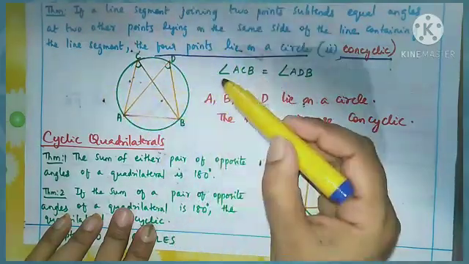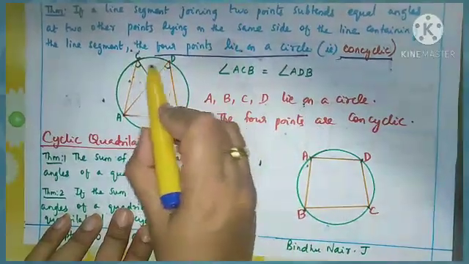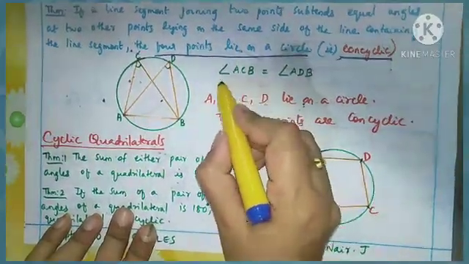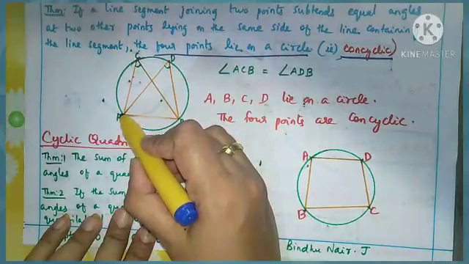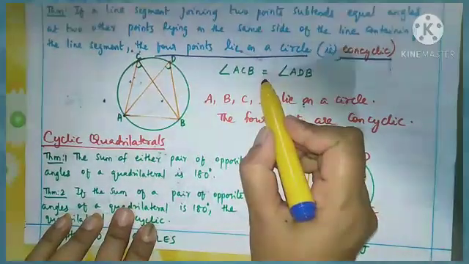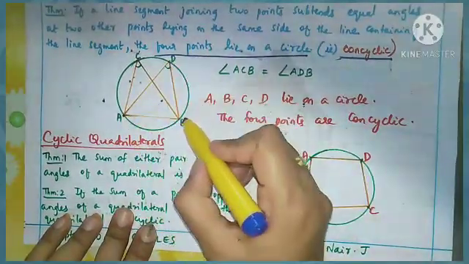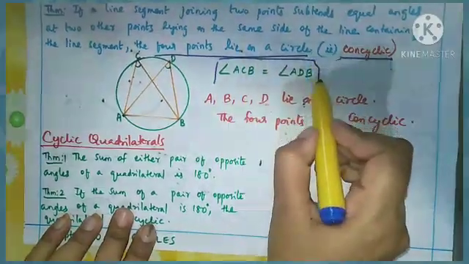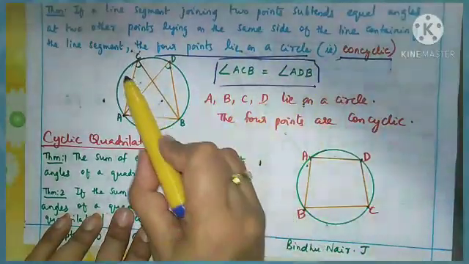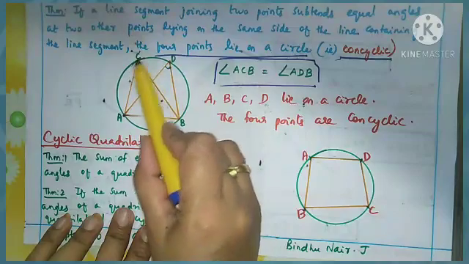So as per the previous theorem, we have these 2 angles are equal. So angle ACB is equal to ADB.